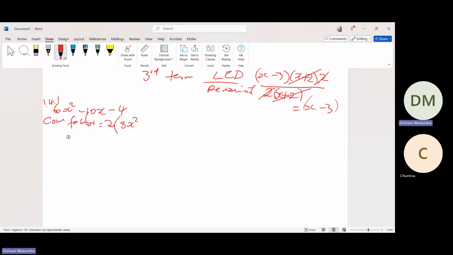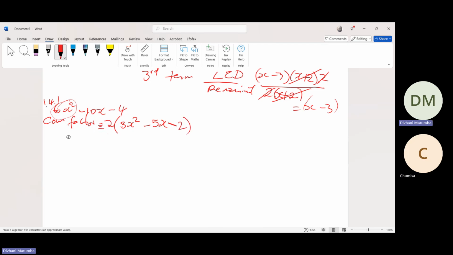Do you agree that to find what is remaining, you divide what you had by the common factor? You agree? Yes, sir. Okay. We have 3x squared minus, 10x divided by 2, what do we have? Negative 5x, sir. And the third term will be? Minus 2. Perfect.